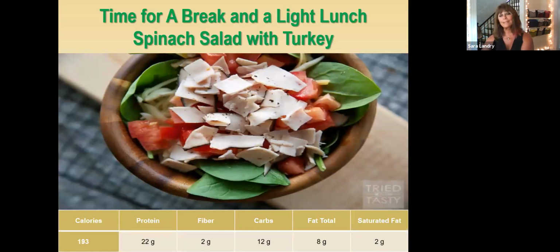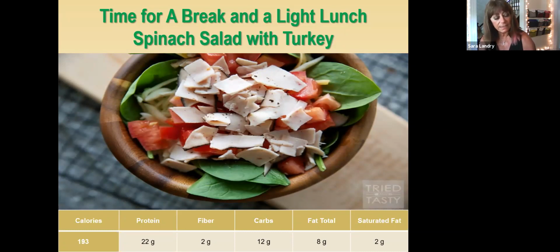Here's a really good snack if you're a diabetic. I will send you the recipe if you don't already have it. It's a turkey salad with spinach and tomatoes and peppers, a little onion. And I made the dressing with a little bit of orange juice, a little olive oil and salt and pepper. It's delicious.